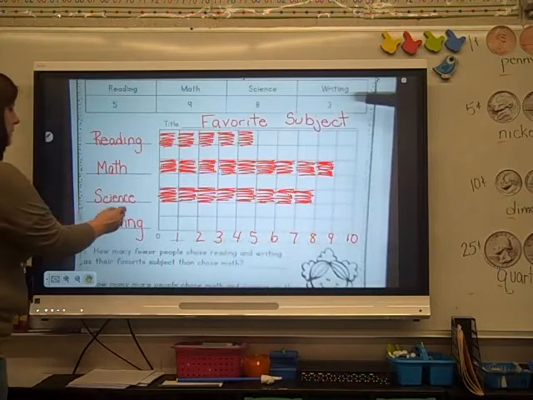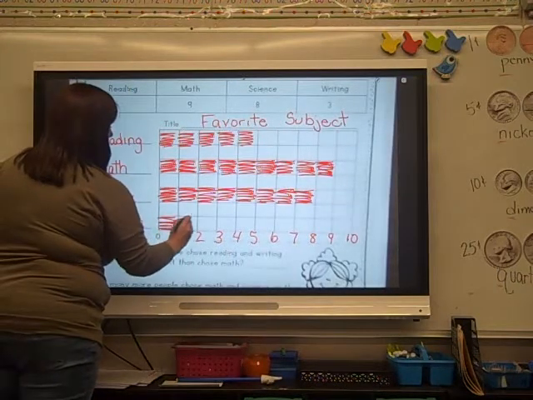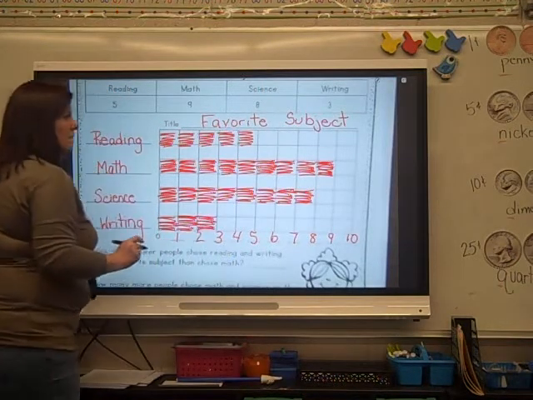And then writing on the very bottom box. Writing only got 3 votes, so do 3 boxes. Okay?